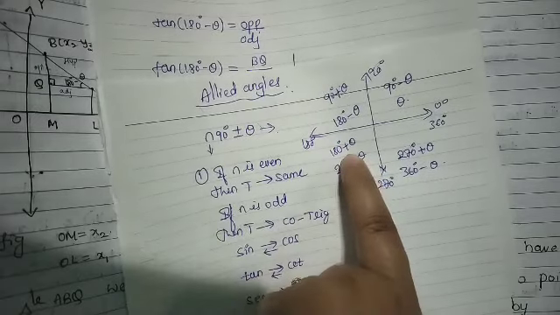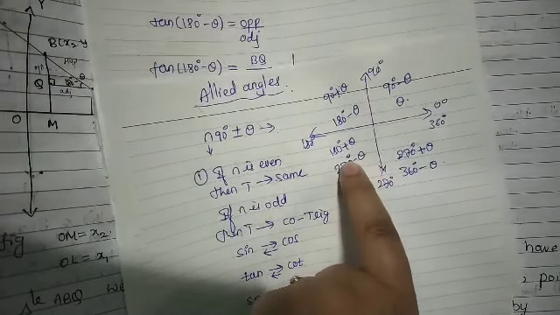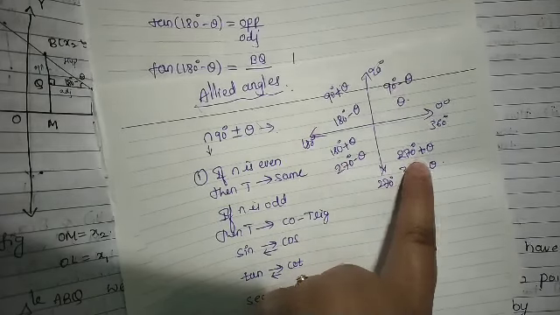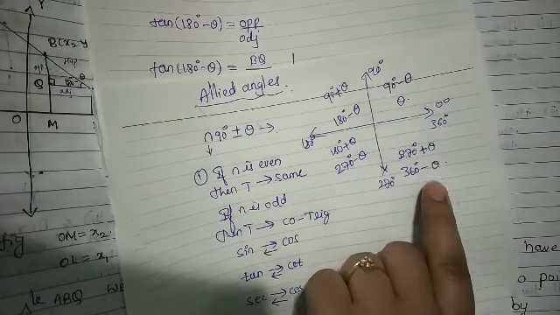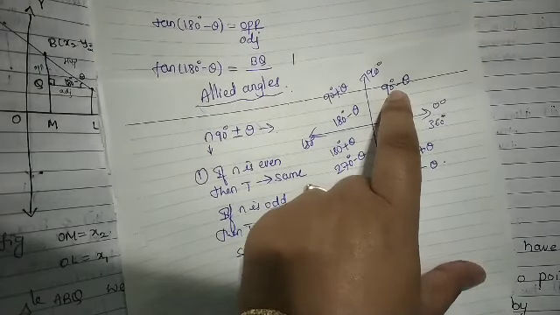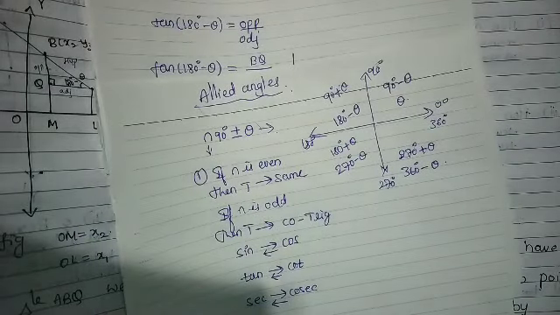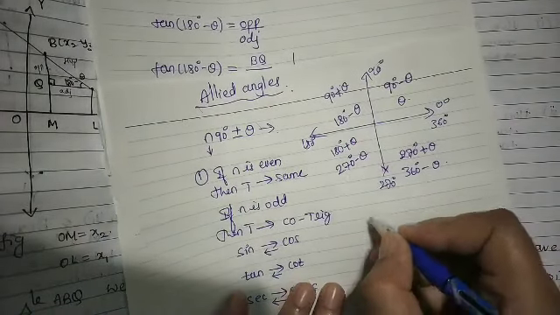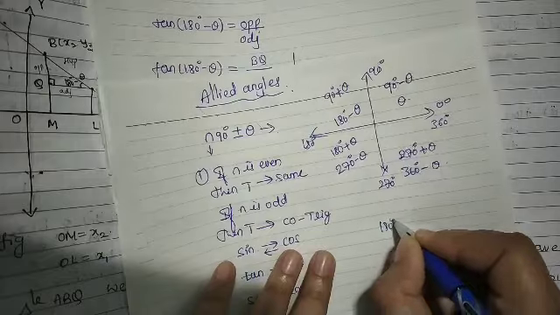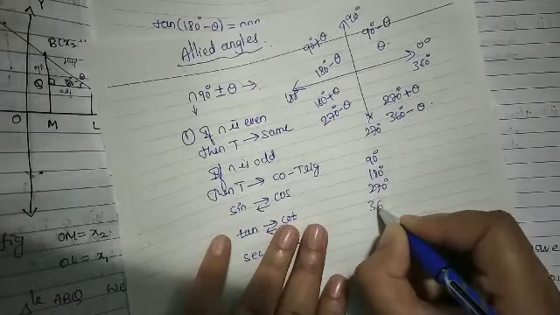Above 180, plus theta, that is the third quadrant. Below 270 is the third quadrant, above it is the fourth quadrant. Below 360 is the fourth quadrant, above it, it will again go to the first quadrant. It keeps rotating. Okay, so this is 90 degree, 180 degree, 270 degree, 360 degree.